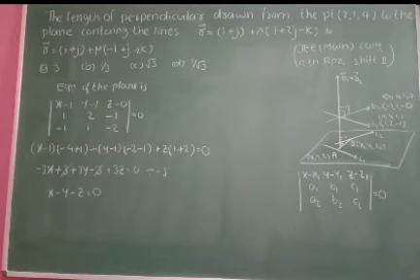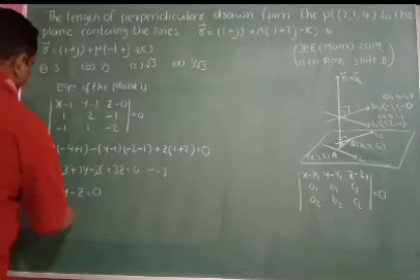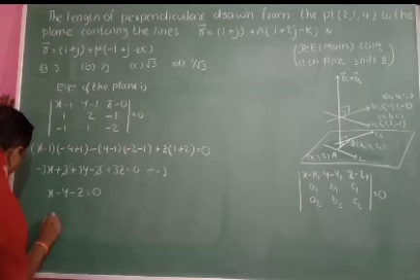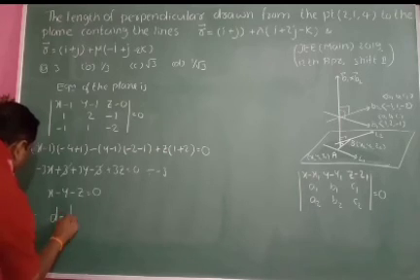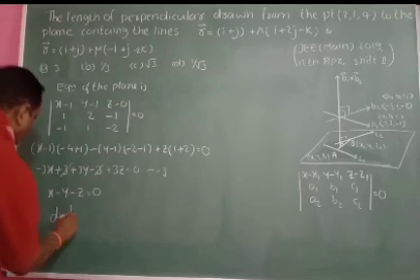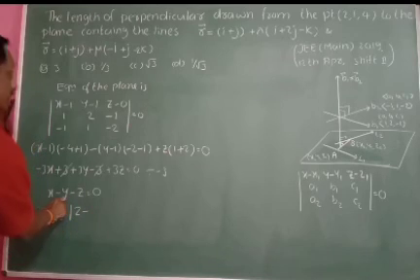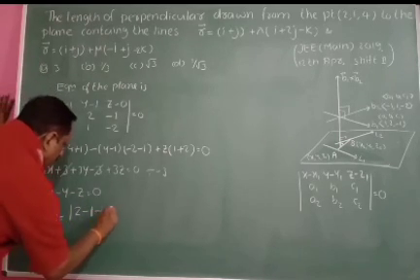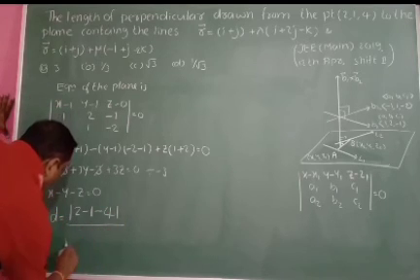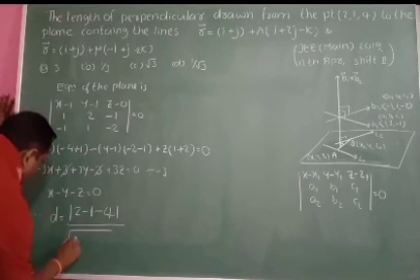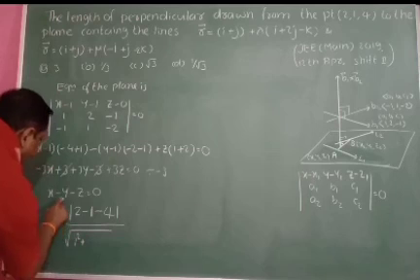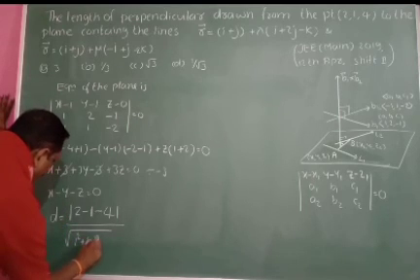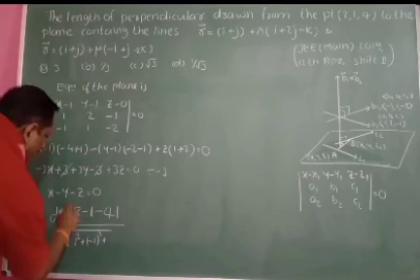Therefore the required distance of the point from this plane is d equal to modulus of putting x equal to 2, y equal to 1 and z equal to 4, divided by root of 1 square plus minus 1 square plus minus 1 square.